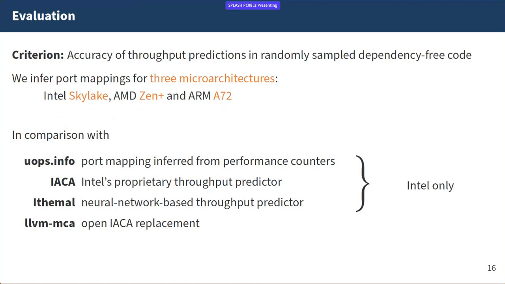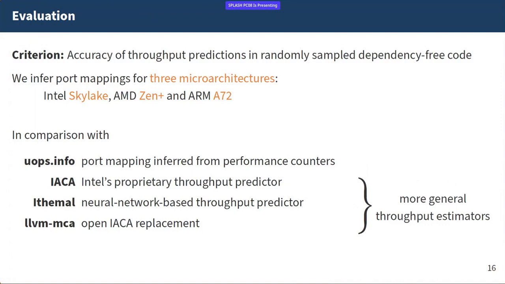The first 3 of these only apply to Intel. IACA, obviously, uops.info because of the missing performance counters, and Ithemal were used only for the Intel platforms, so only for those are models available. LLVM-MCA does have some models for the other platforms based on the scheduling models.